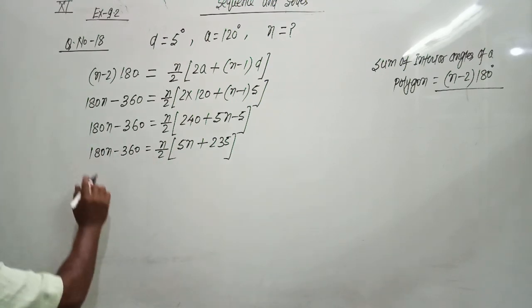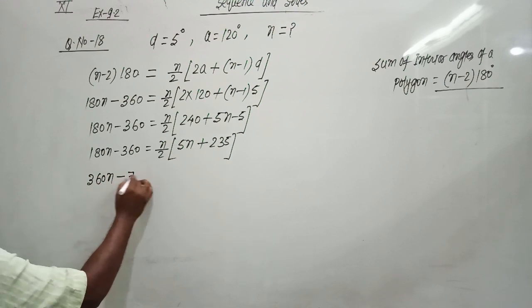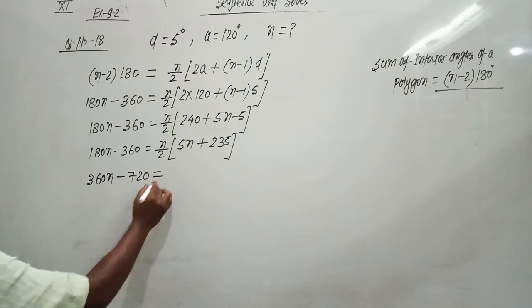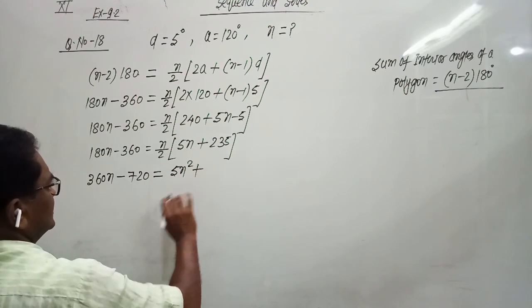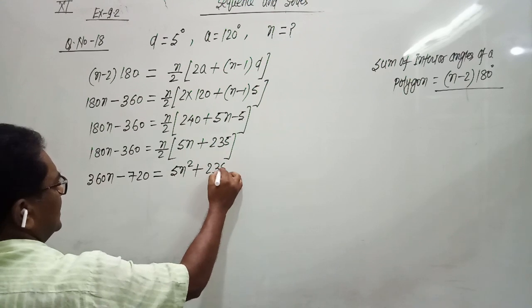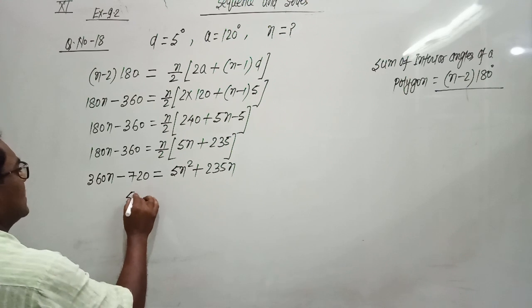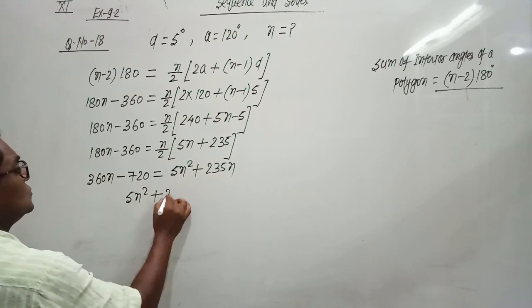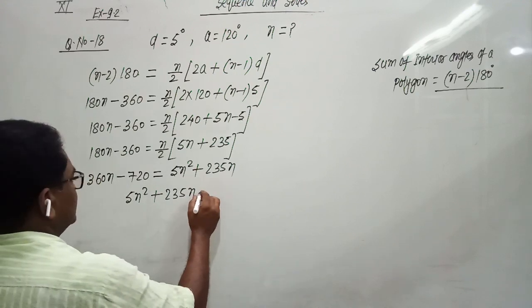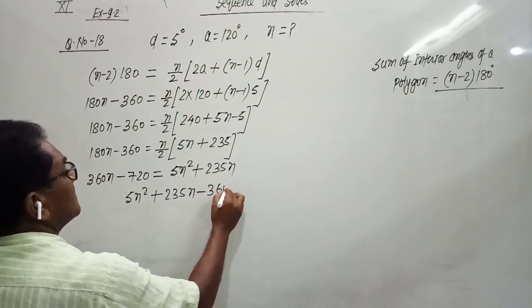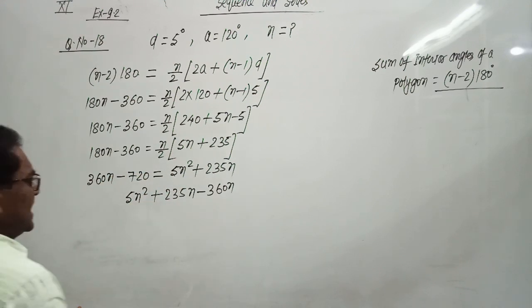So 180 into 2, 360n minus 720 equals 5n square plus 235n. Then 5n square plus 235n minus 360n, and this minus 720 will go to the right side.